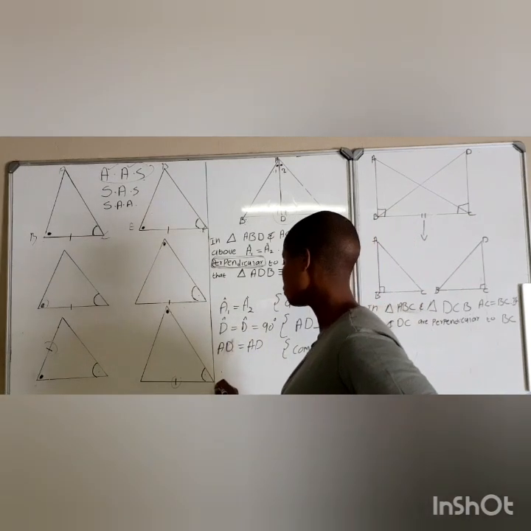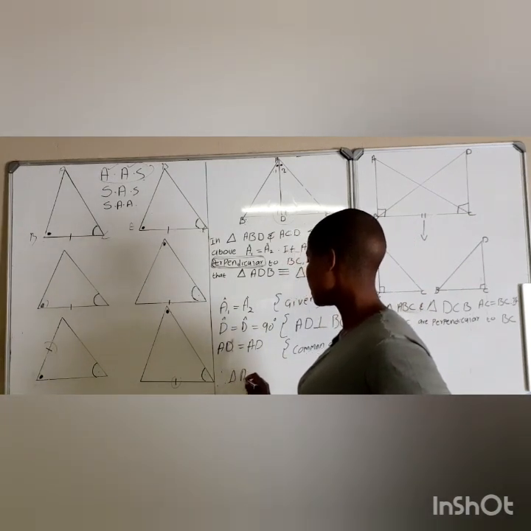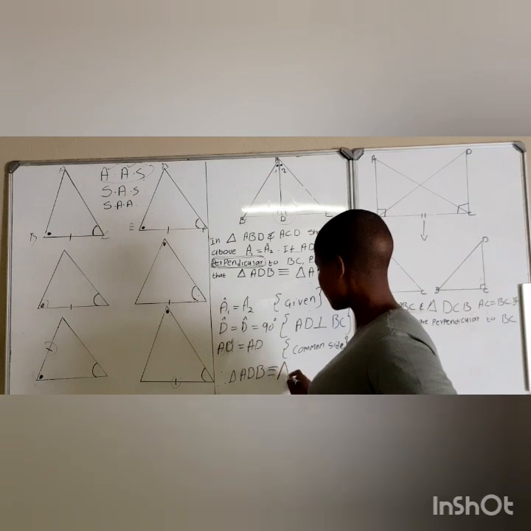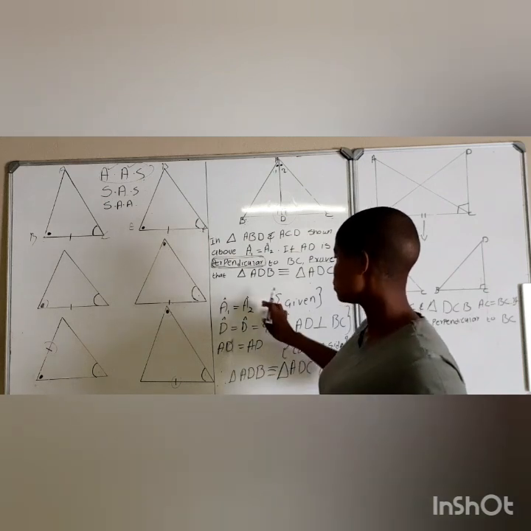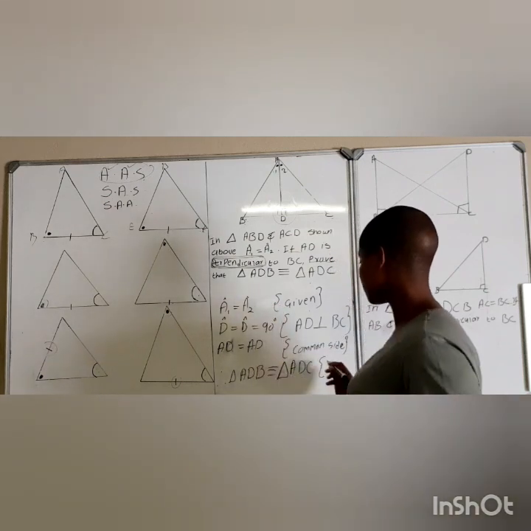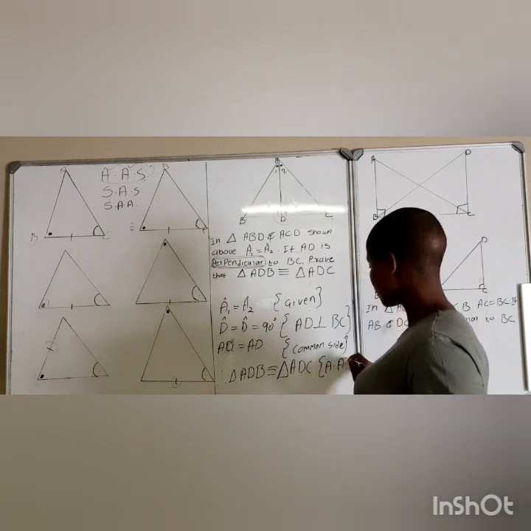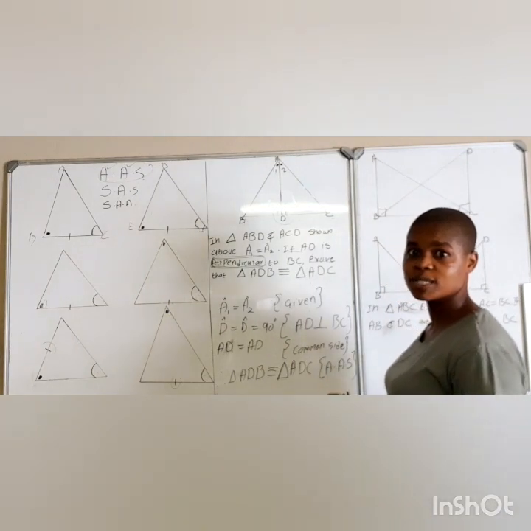And therefore I can conclude that triangle ADB is congruent to triangle ADC. Why? I used angle, side, angle. I hope that is visible, boys and girls.